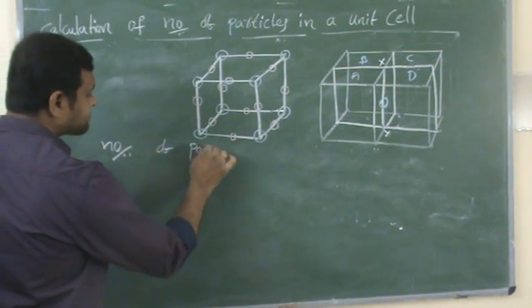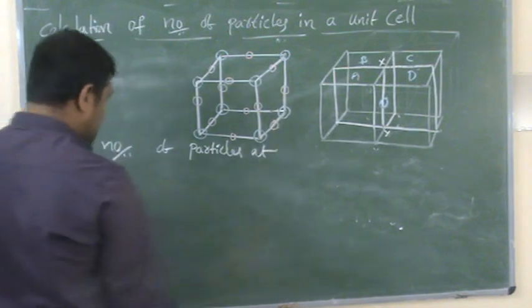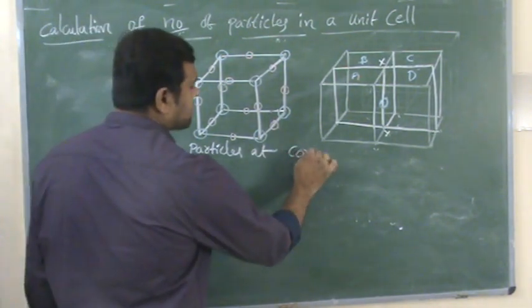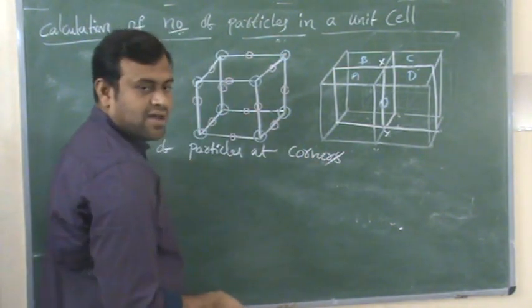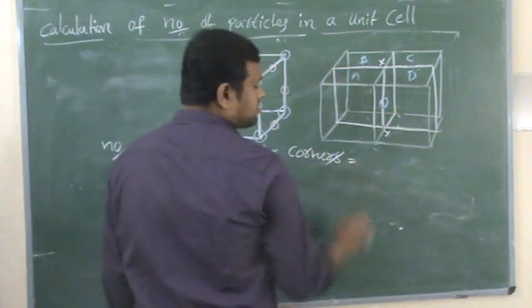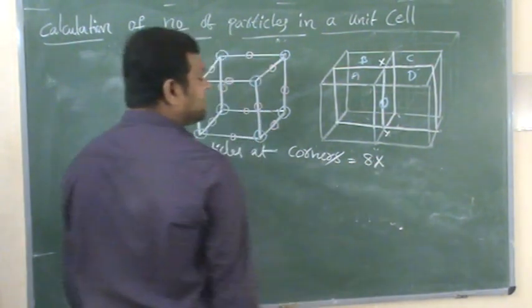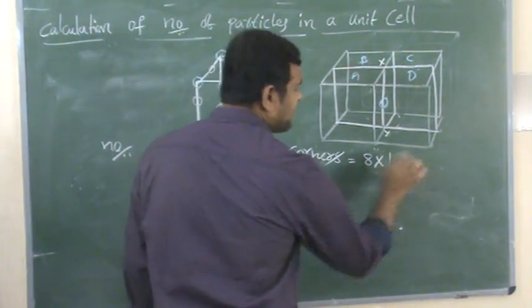See here now. Number of particles at corners is equal to how many corners? 8 corners into what is the contribution? 1 by 8.